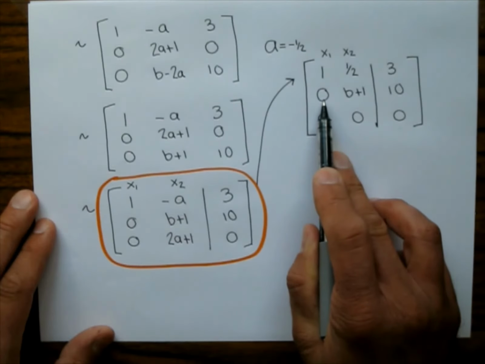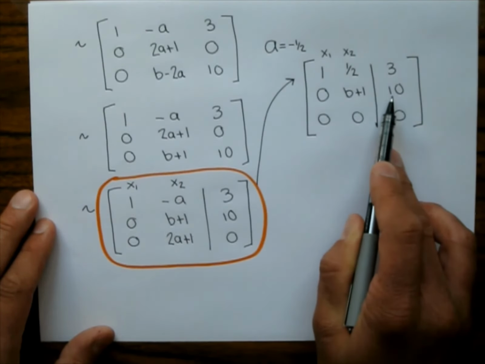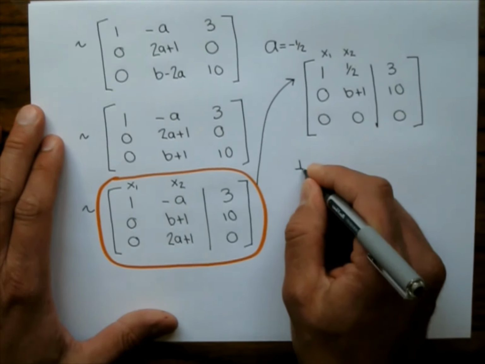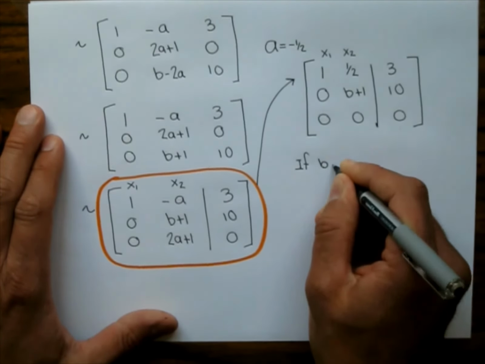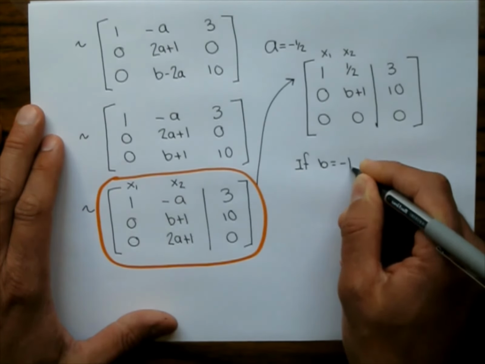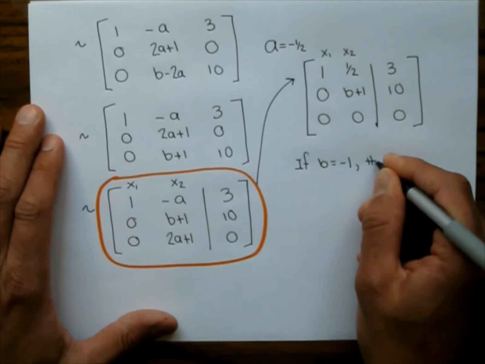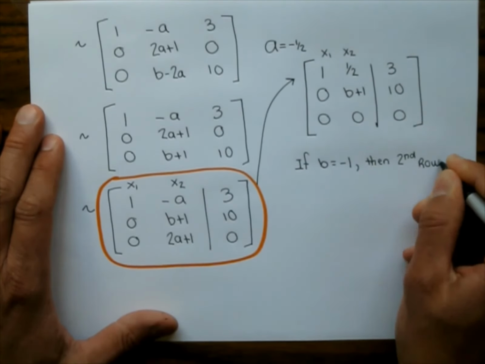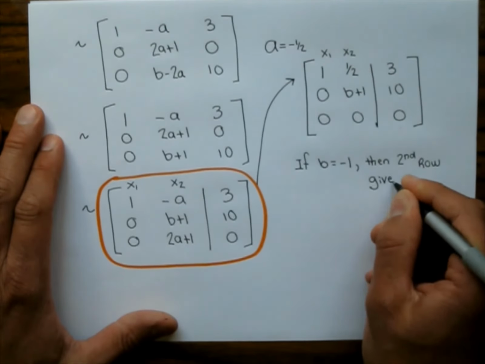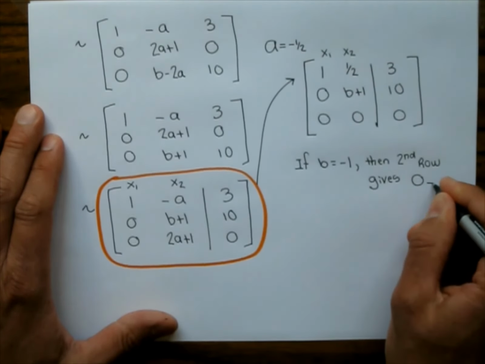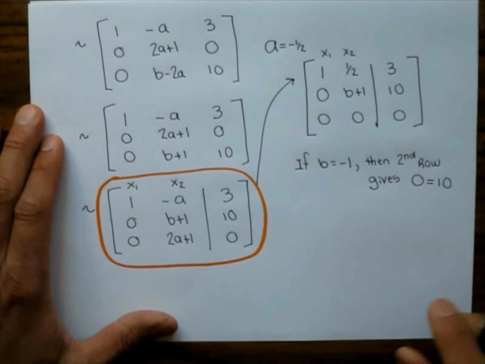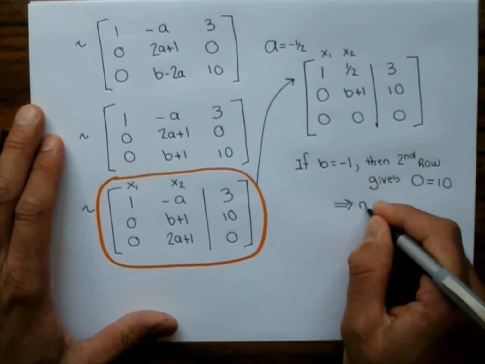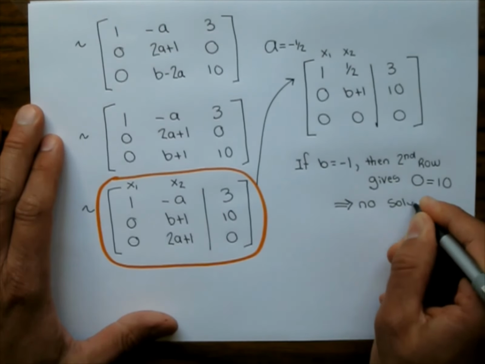Then you would have 0, 0, 10. When can that happen? When b is negative 1, then the second row gives the equation 0 equals 10, which is bad. And so therefore, this would give us no solution.